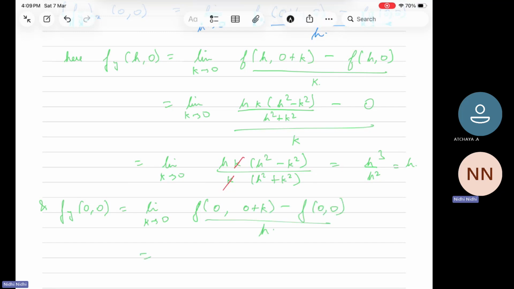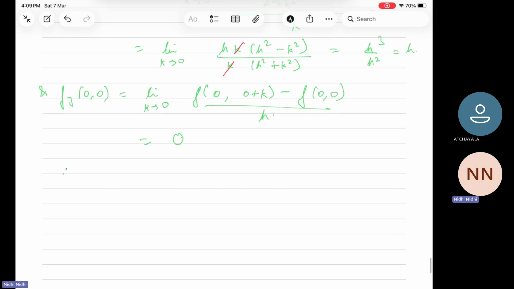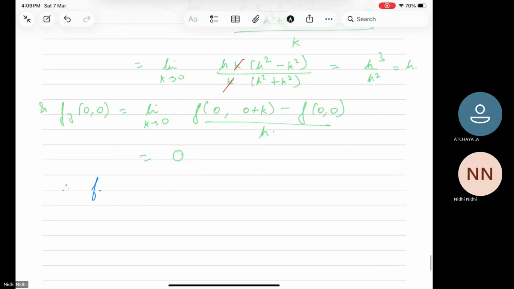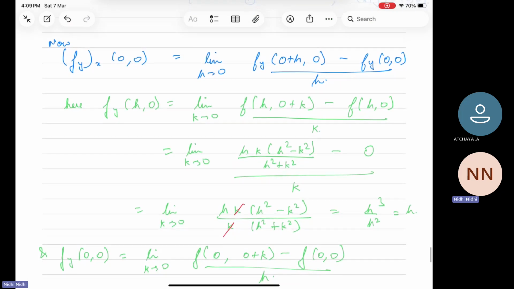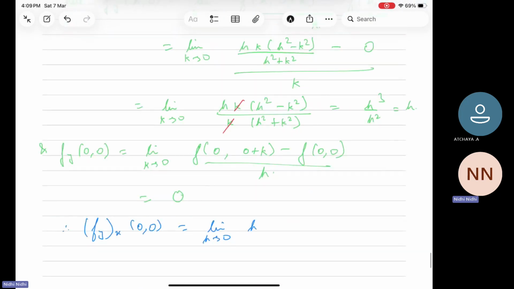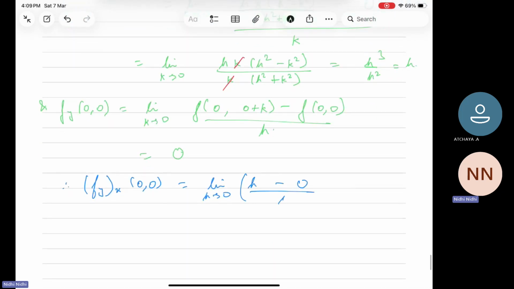So by definition of f, again this will be 0. Therefore fyx at (0, 0) is equal to limit h tending to 0. Now fy at (0 plus h, 0) was just h. This will be (h minus fy(0, 0)) upon h, so this is equal to 1.